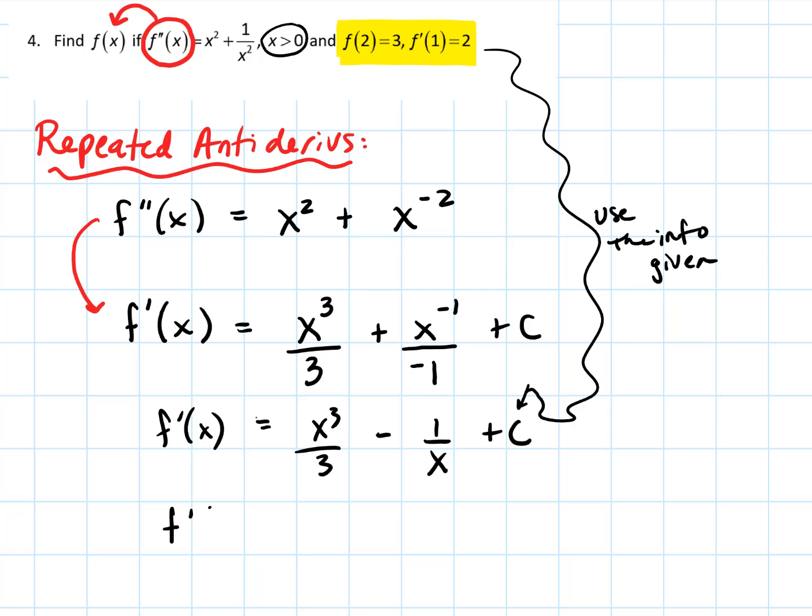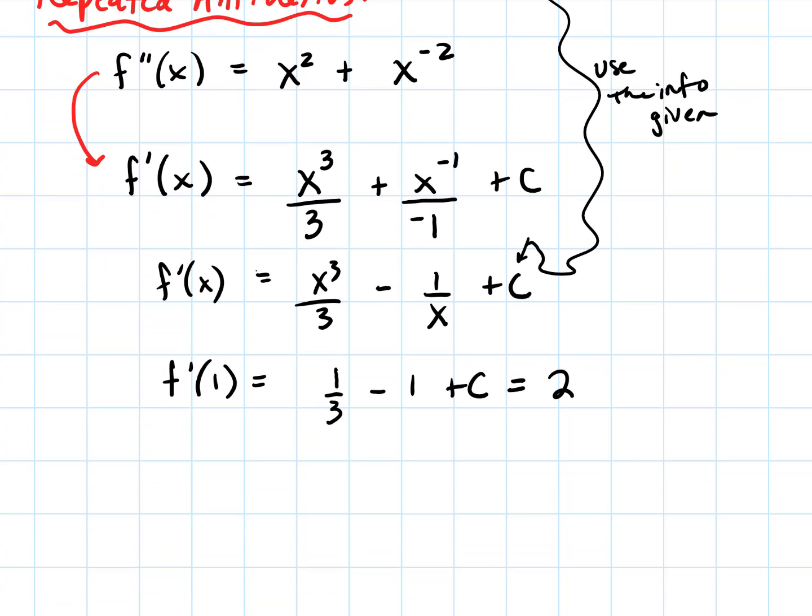So f prime of 1 would be 1 cubed over 3 minus 1, so it's going to be 1/3 minus 1, plus c is equal to 2. So let's continue to find c. So this becomes negative 2/3 plus c equals 2.